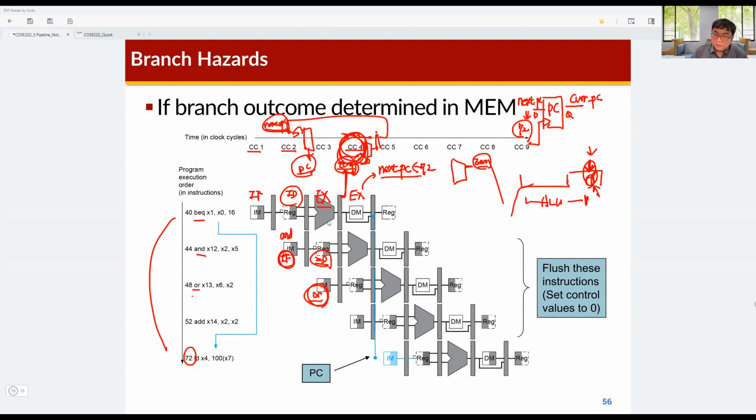What does that mean? The current PC value is still 52. So the ADD instruction is in the instruction fetch stage, OR is at the ID stage, AND is in the EX stage, and then BEQ is in the memory stage.